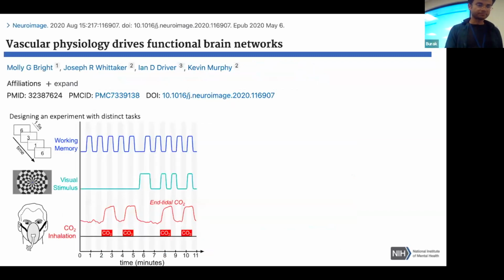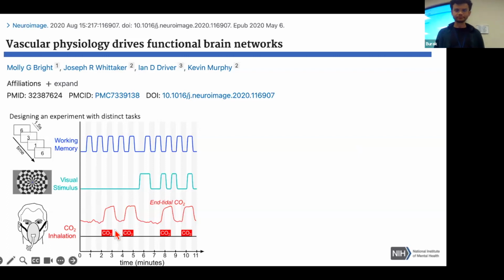And one clever way, which is actually what I also like a lot, from a very recent study from Bright Lab, is that you can have a physiological task. We should have thought about that earlier. If you have a physiological task that is different in time, so you have multiple tasks you need to do inside the scanner, you have a working memory task, a visual task, and a mask through which you inhale CO2, and these are different in time.